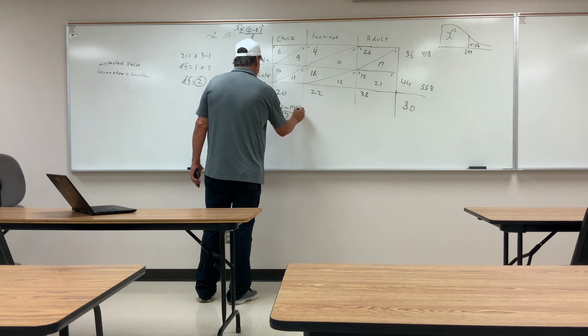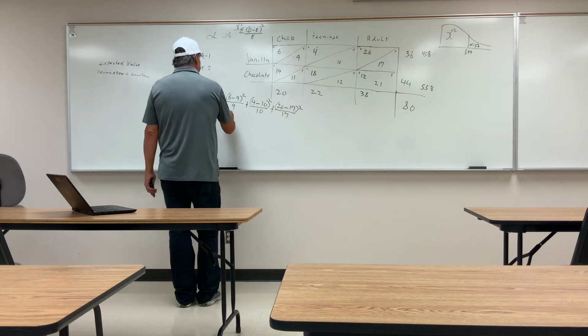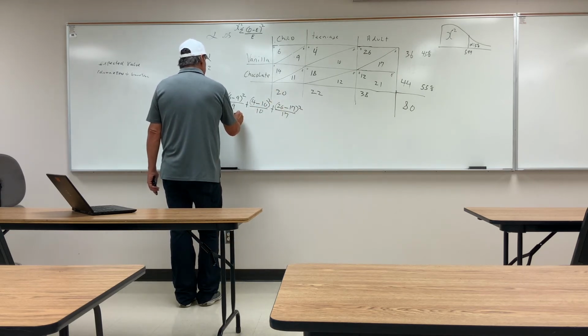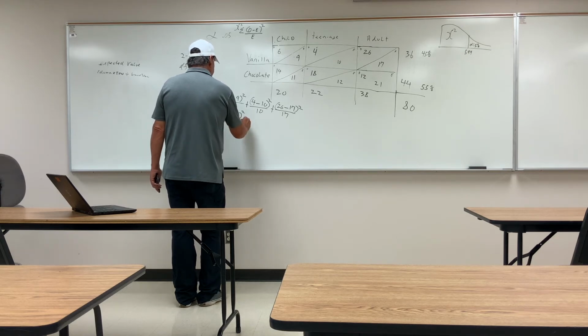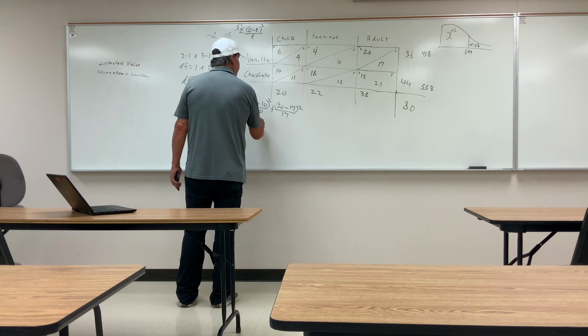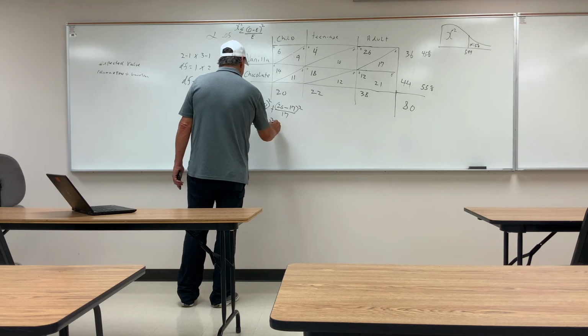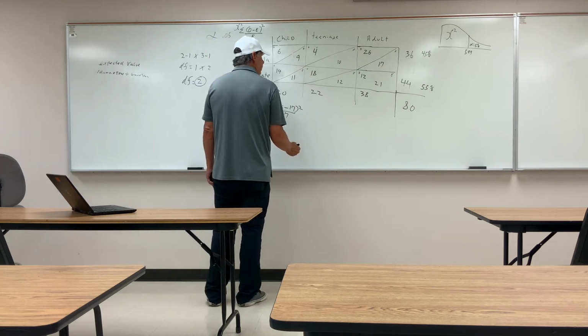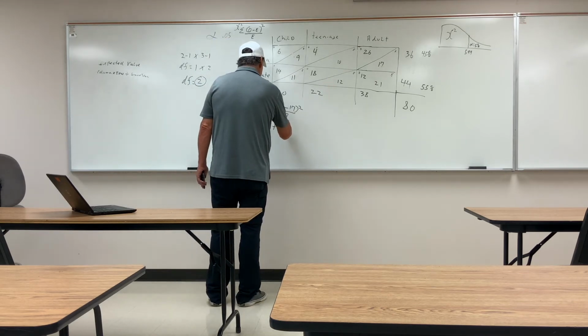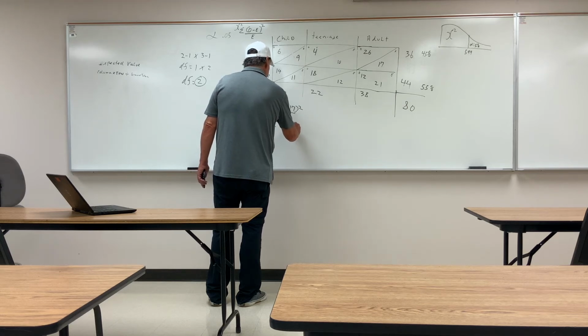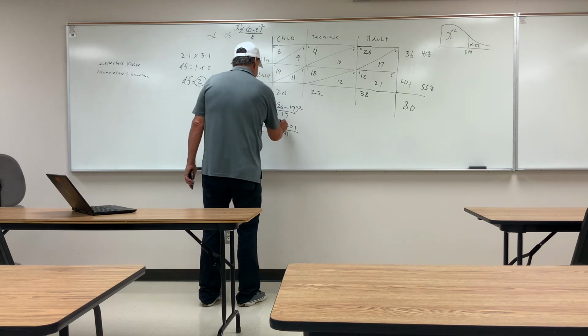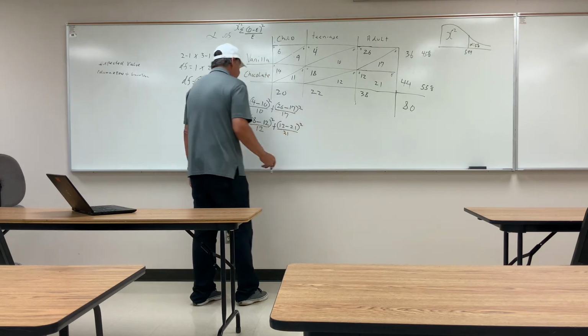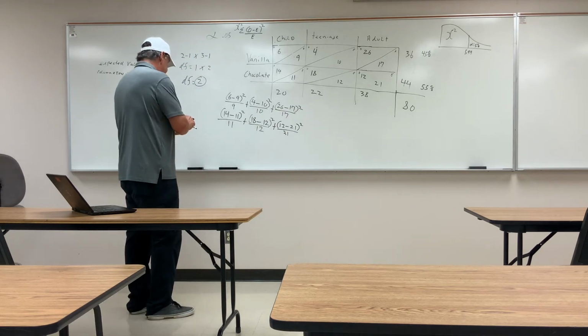And I'm going to jump down here to 14 minus 11 squared over 11 plus 18 minus 12 squared over 12. Got to remember to square it. And then last but not least, the adult chocolate lovers, I've got 12 minus 21 squared divided by 21. We're going to square these to get rid of negative numbers.